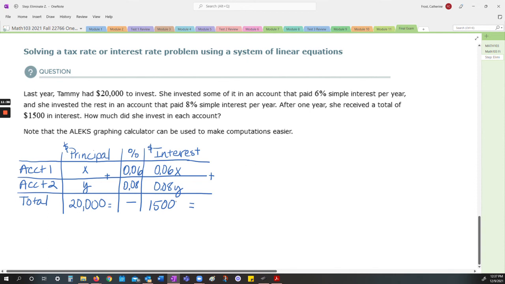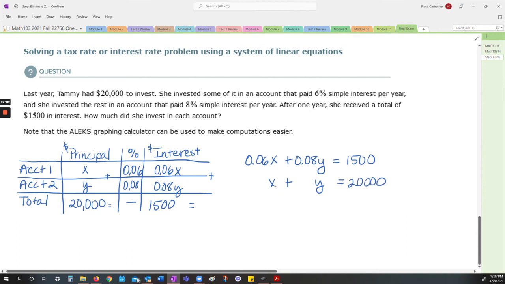So I'm going to write the more complicated one first so I can line things up better. So 0.06X plus 0.08Y equals 1,500. And then X plus Y equals 20,000.